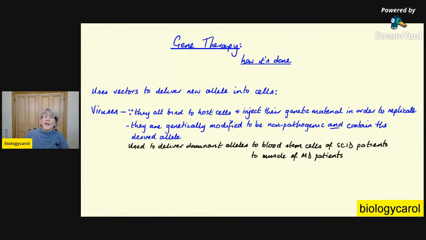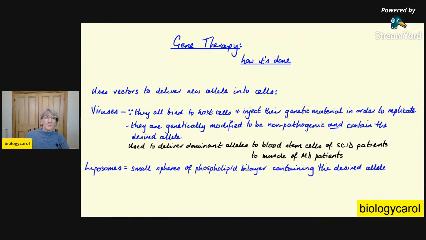And therefore, if we're talking about those examples of muscular dystrophy and SCID, it's used to deliver dominant alleles into the blood stem cells of SCID patients and into the muscles of muscular dystrophy patients.